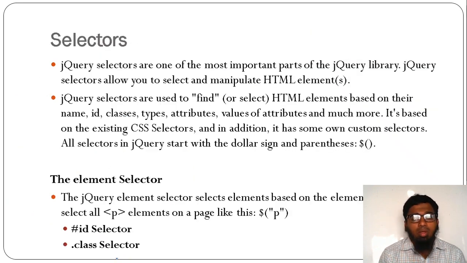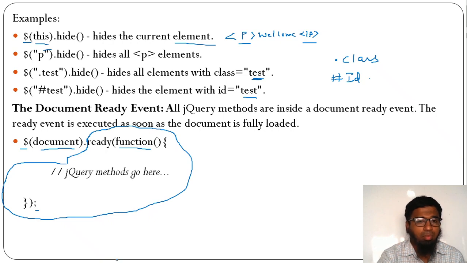Now here we have the selectors. As I told you, you can select directly like P, A, H1, as I showed you here, this P, or class or ID.